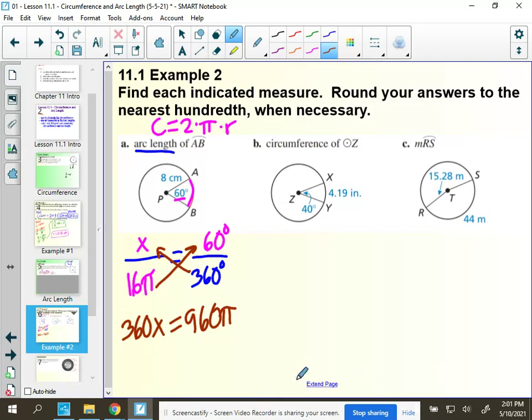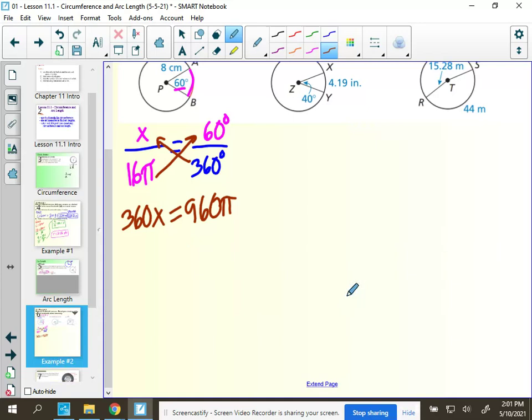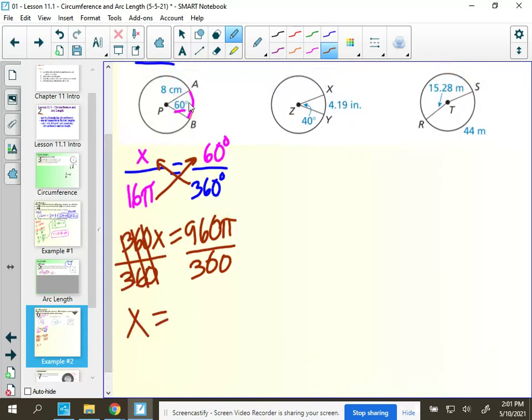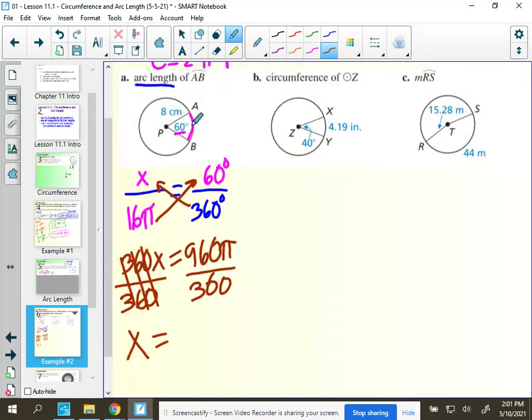And what do I have to do to finish this? I just have to divide by 360 degrees, because that's how I would get that x all by itself. So the length, not the measure, we know the measure is 60 degrees, the length of arc AB is, let me grab the calculator, 960 times pi divided by 360 degrees.